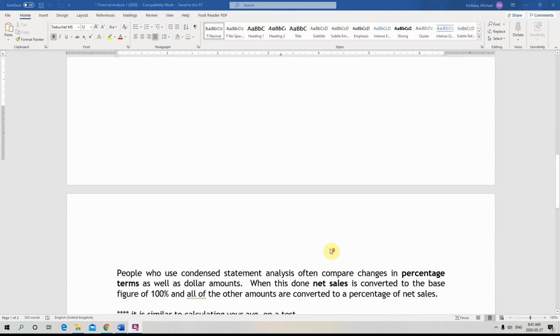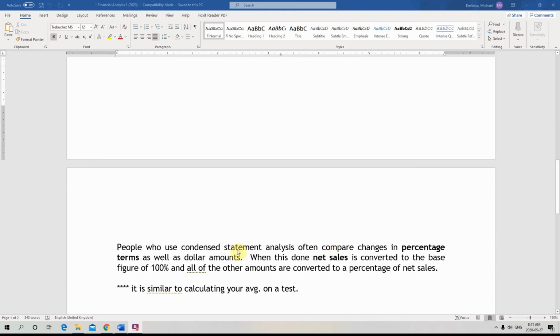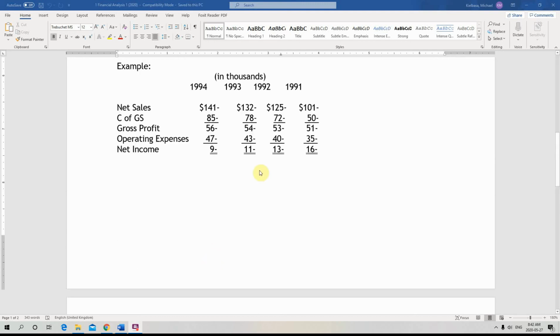Now, people who use condensed statements to make analysis often compare changes in percentage terms. So what we're going to do is convert those numbers to percentage terms, in addition to looking at the dollar amounts. We just looked at the dollar amounts.